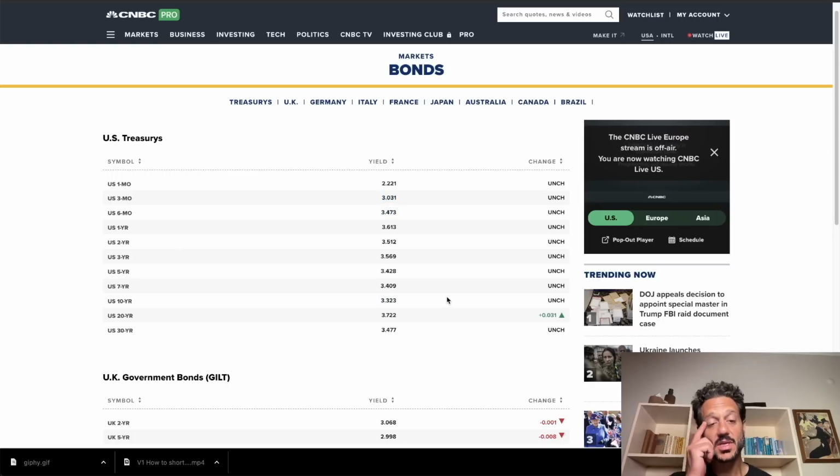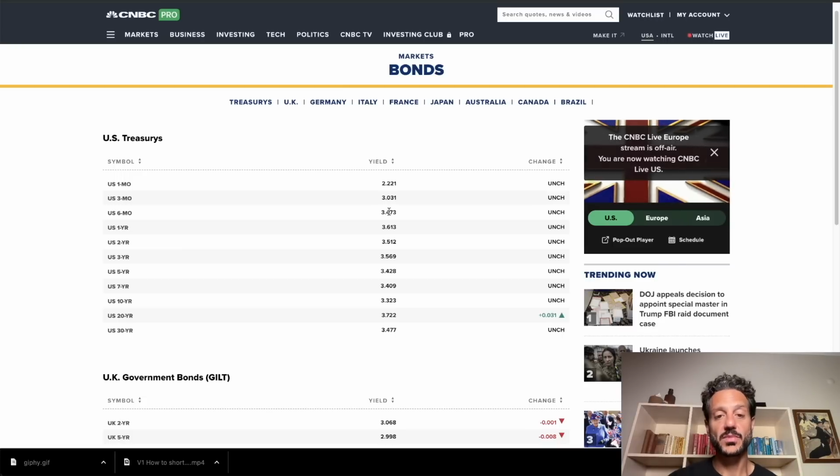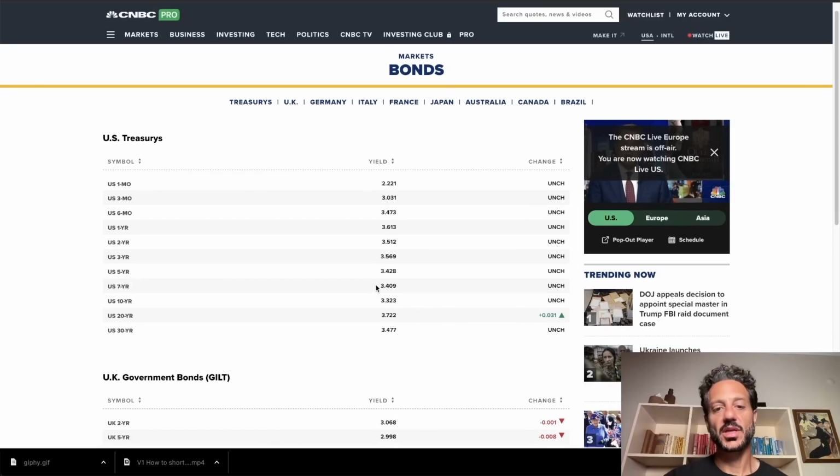And the reason this happens is because bond investors are fearful of an upcoming recession, and they're fearful of inflation. And so they don't want to lock up their money in the short term. So what happens is the short-term bonds sell off, or they're not bought at auctions, and everyone is pouring into the 10-year bond because they want a longer exposure to interest rates versus one that is short-lived.